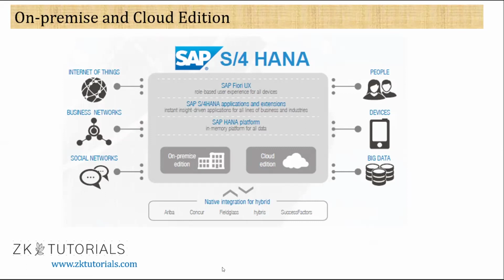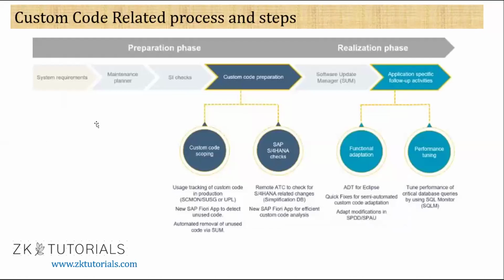In the implementation phase, the first thing your company would do is identify the code. One second, let me move to the next slide. Here you can see the custom code related processes and the steps we have to do.